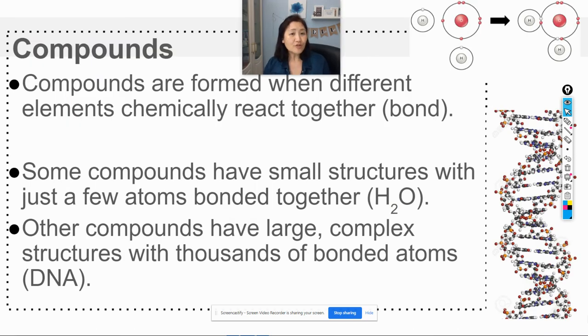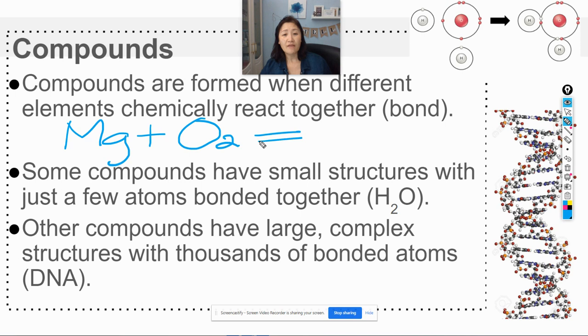So compounds form when different elements chemically react together. In the previous demo, an element called Mg and another element called O2, which is oxygen gas, combined chemically and formed magnesium oxide.